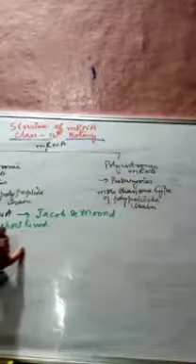That means it codes one or two polypeptide chains, then it dies. Second, it has very high molecular weight, and that weight ranges between 5 lakh to 10 lakh.